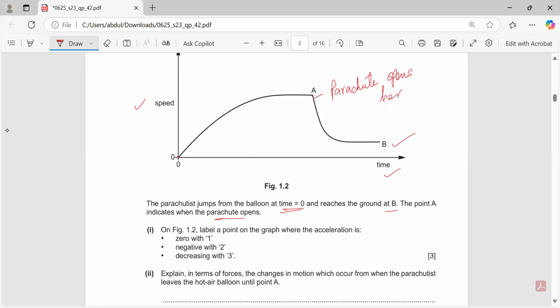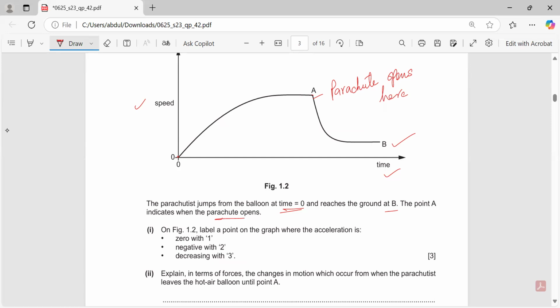My dear friends, always remember, what is the purpose of this parachute? The purpose of the parachute is to land on the ground safely, with a very small magnitude of speed.